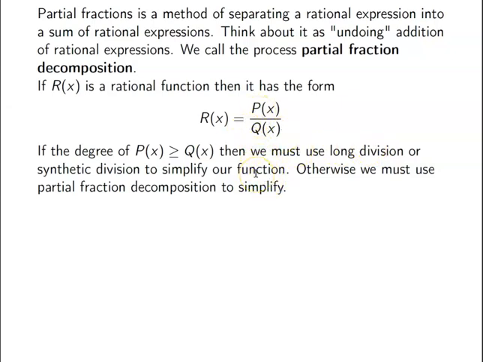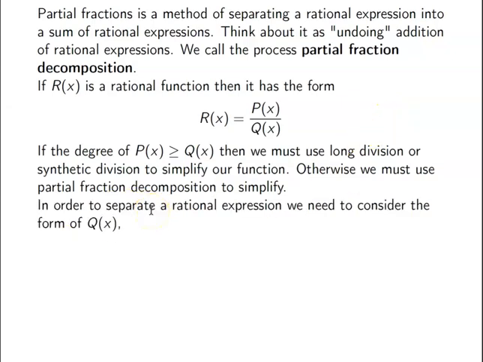Otherwise, we can use partial fraction decomposition. So we use partial fraction whenever q is a higher degree than p. Any other time, we have to use long division or synthetic division, and we may end up having to do a partial fraction decomposition after that long division.